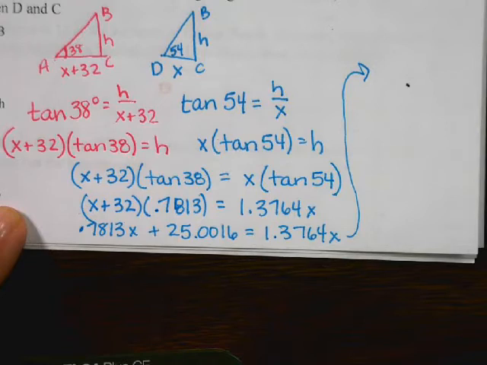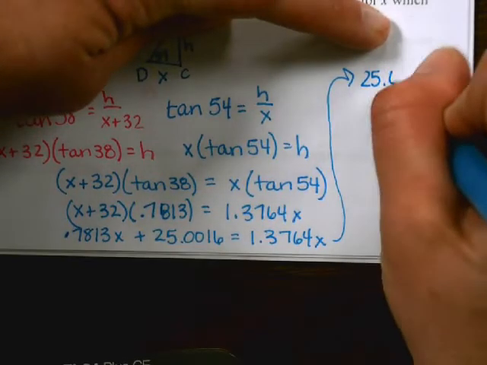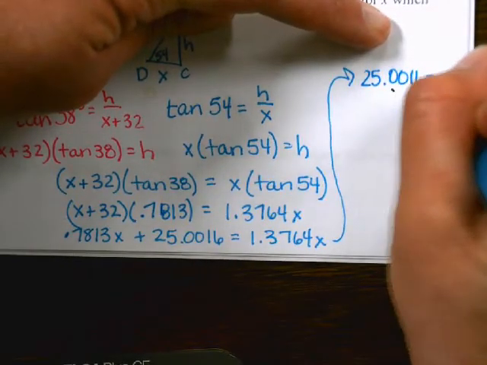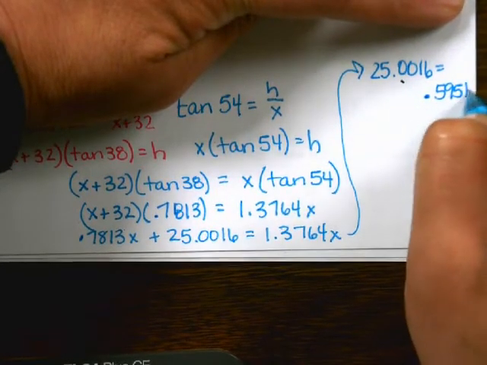1.3764 minus 0.7813 gives me 25.0016 equal to, I'm out of room, 0.5951x.